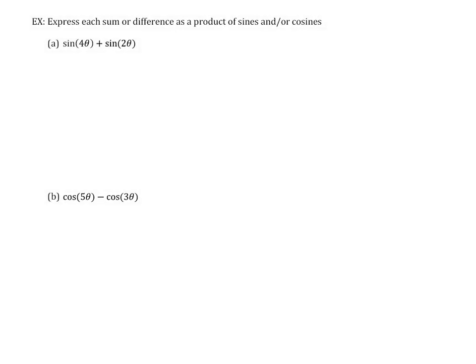All right, two examples. To change a sine plus a sine, so if this was alpha here and this was beta, remember sine of alpha plus sine of beta from the previous slide is 2 sine of (alpha plus beta) over 2 cosine of (alpha minus beta) over 2.